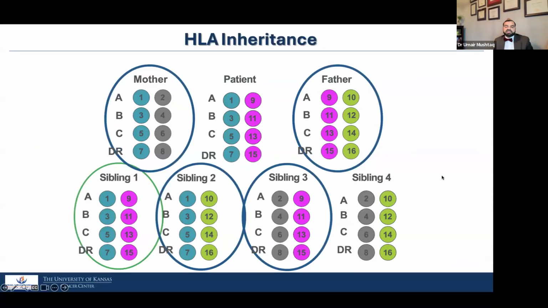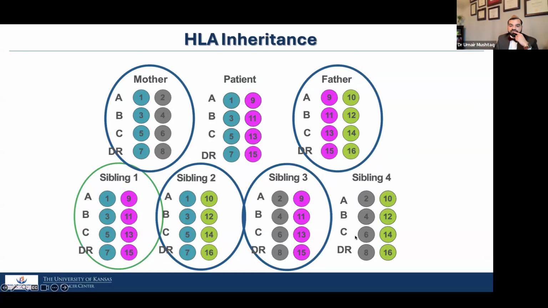So talking about the HLA inheritance, your parents and your children are always going to be your half match because you will inherit a haplotype. So in this picture, the parents are listed. The mother is gray and teal color, and the father is purple and green.